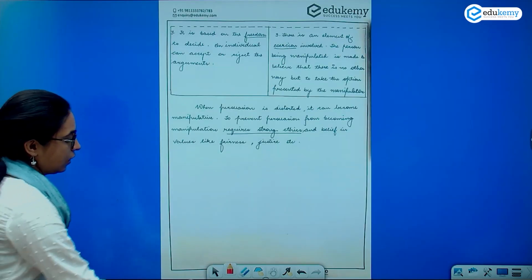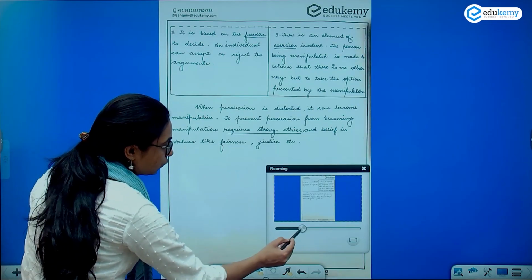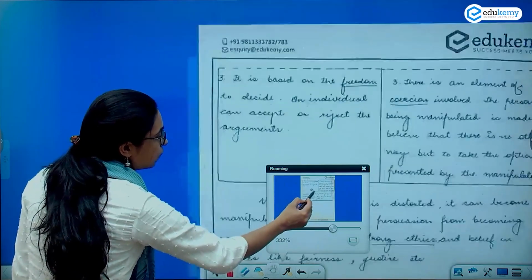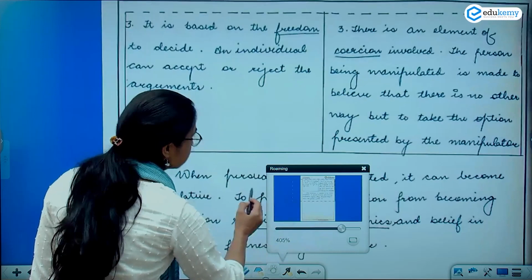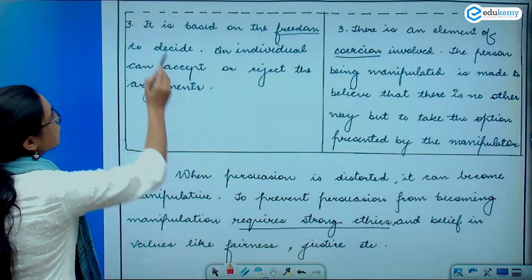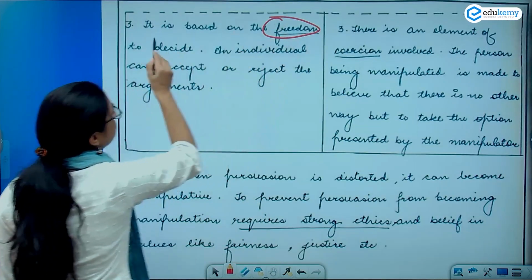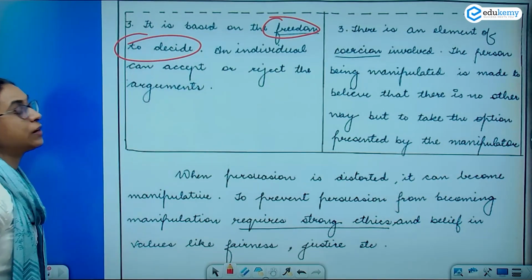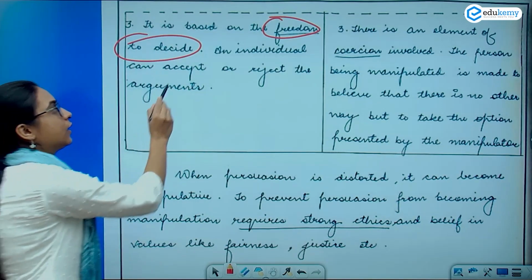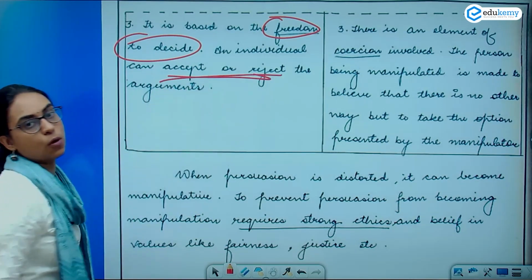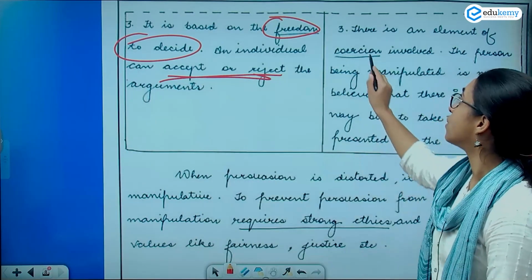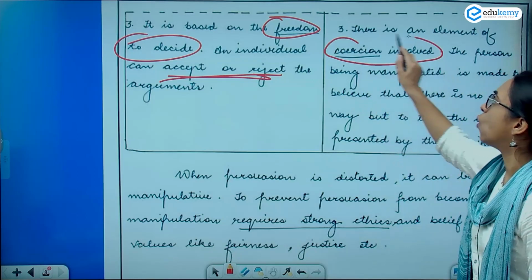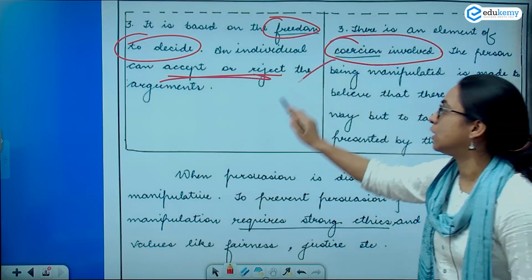Then another point of difference is the persuasion. The persuasion involves freedom to choose. So there is an involvement of the freedom to decide. An individual can accept or can reject, whereas in manipulation there is a coercion involved. You coerce the people.